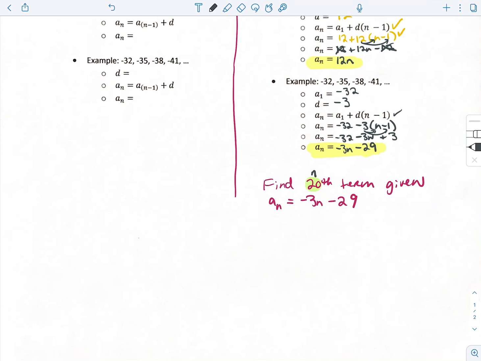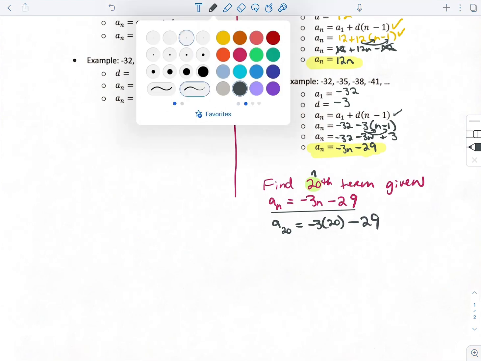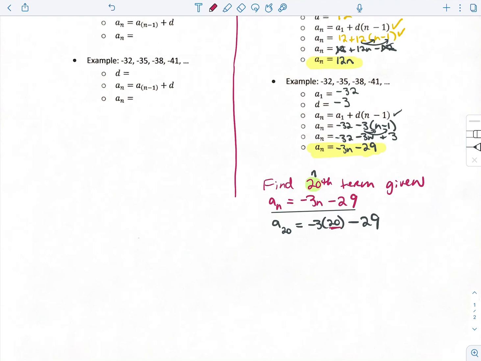And that's exactly what we need to do here. We need to substitute 20 everywhere we see n. So this is a sub 20 equals -3 times 20 minus 29. Notice again how we substituted 20 instead of n.